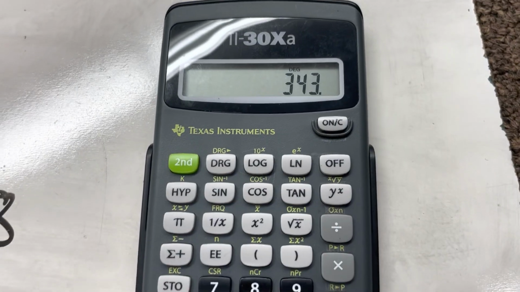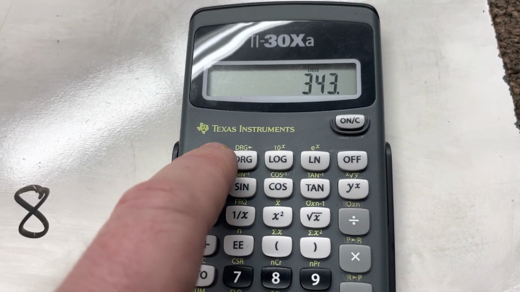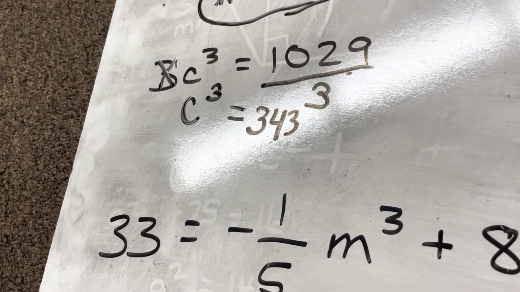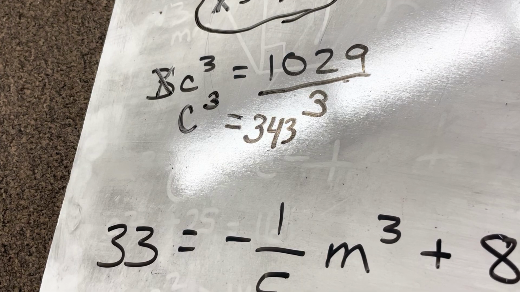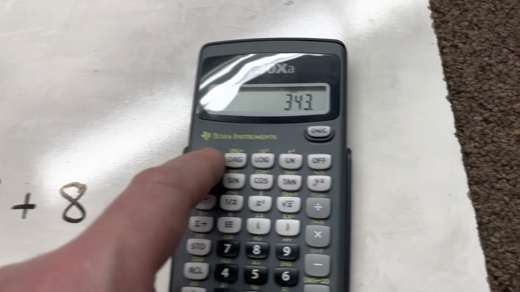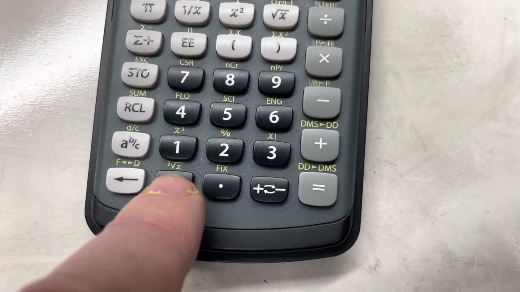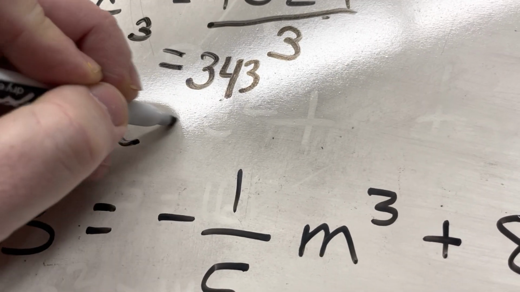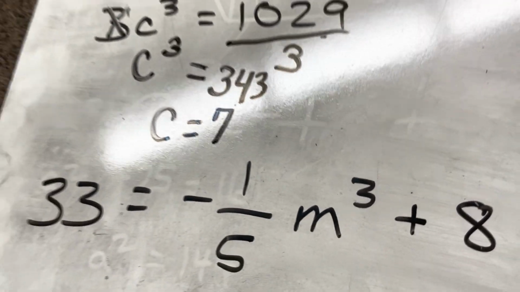So 343, I've got to find the cube root of it, though, because now it says c to the power of 3 equals 343. So I'm trying to find the cube root of that. So 343, second function, cube root button, and I get 7. So I get c equals 7.